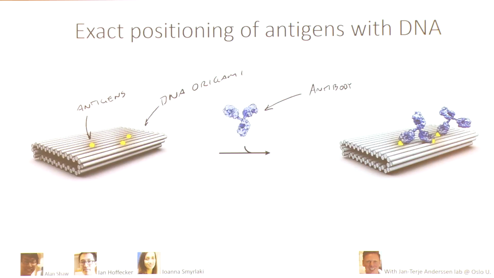Antibodies are proteins that help eliminate disease from bodies, and they have two arms that can bind an antigen, for example, another protein or a virus. If we show nanoscale patterns of antigens to antibodies, we would be able to learn exactly how far and how close the arms of the antibodies can bind.